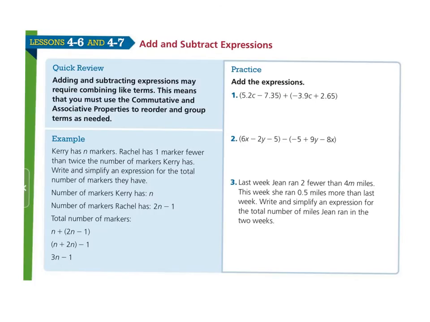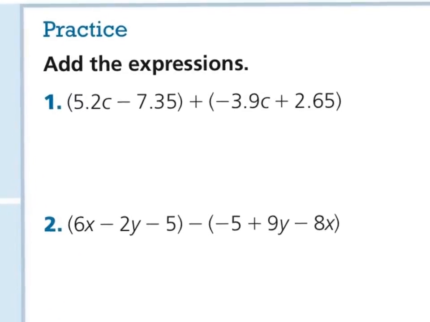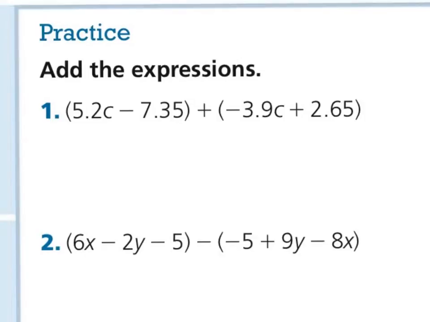Lesson 6 and 7, they combine to one here, is adding and subtracting expressions. So if we look at number 1, you can see on number 1 they're adding those together. Anytime there's subtraction signs, if you want to add the opposites here, you can. And then we're just going to look for like terms.